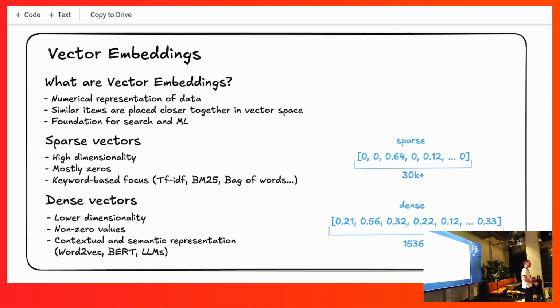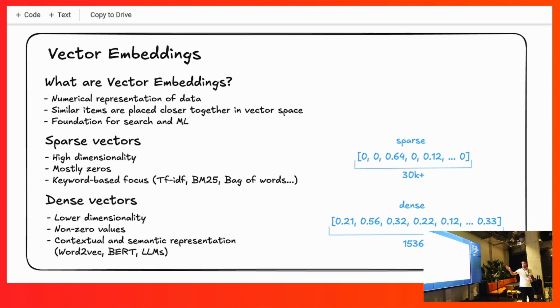If we have textual data, image data, videos, or something like that, and we want to feed them to a machine learning algorithm, we need some numerical representation for it, and those are vector embeddings. What is important for vector embeddings is that similar items are placed close together in the vector space, and that's how we can fetch similar results.